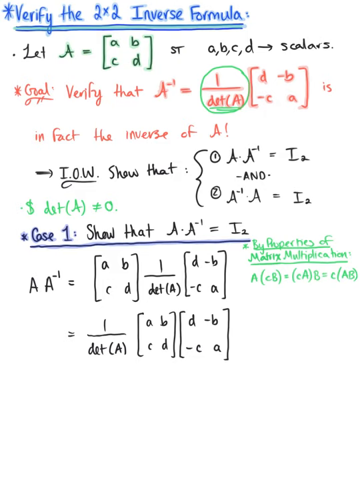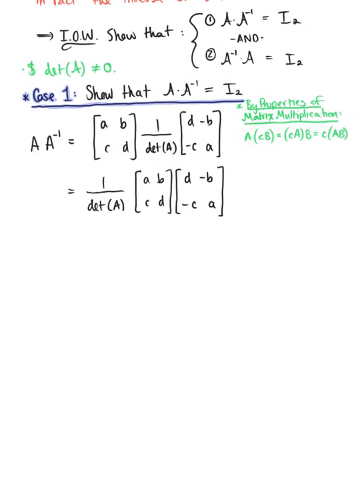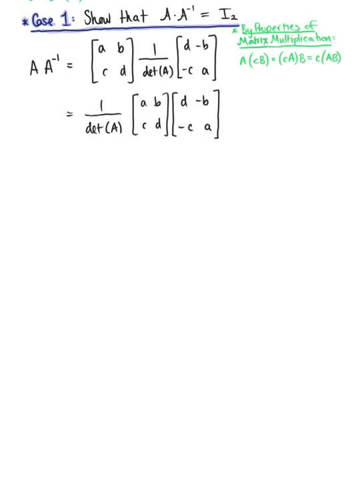But with the second form, it's going to be a tiny bit easier to simply start by finding the product of these two matrices and then distributing the scalar through. So that's how we're going to proceed here. Let's compute the matrix product.